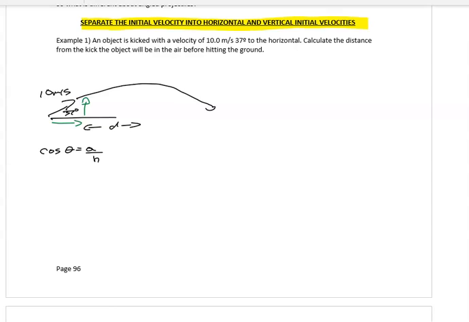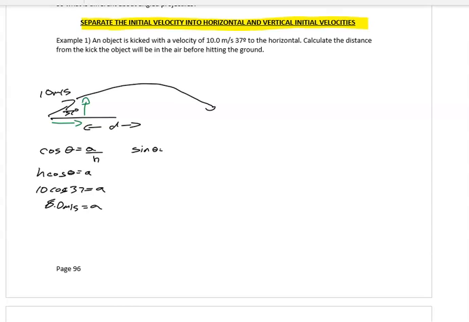We're looking for that adjacent side. And so 10 cos 37 will get us the adjacent side. In this case, that is 8.0 meters per second.